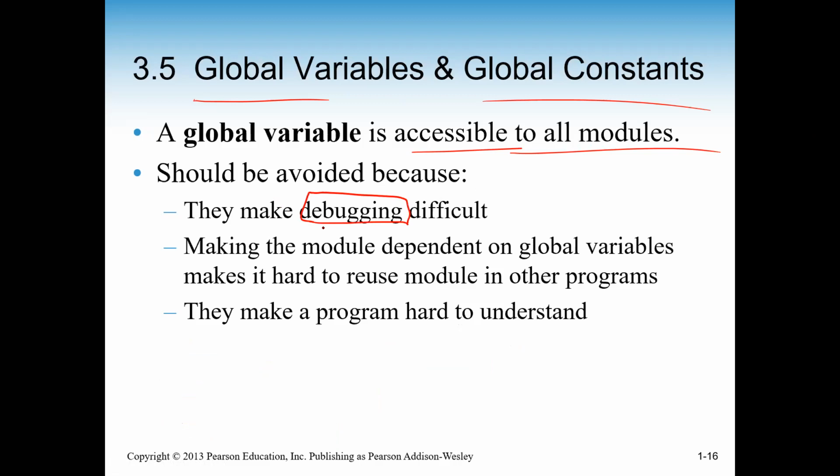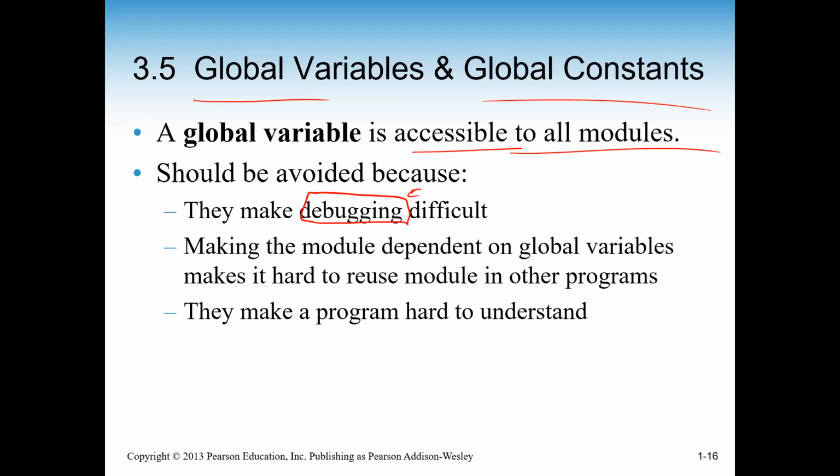Modular programming basically implies that every module is an independent unit. You only need to care about the inputs and the outputs, and you can almost treat it as a black box. When you have global variables that affect that module, you get into debugging issues. You might forget about a variable. It might be by val or by ref, and if it's by ref, some other module may modify it.